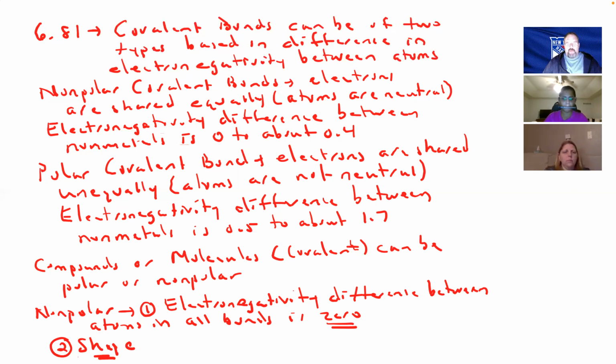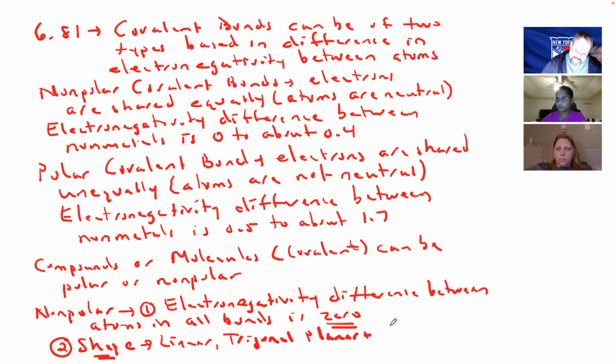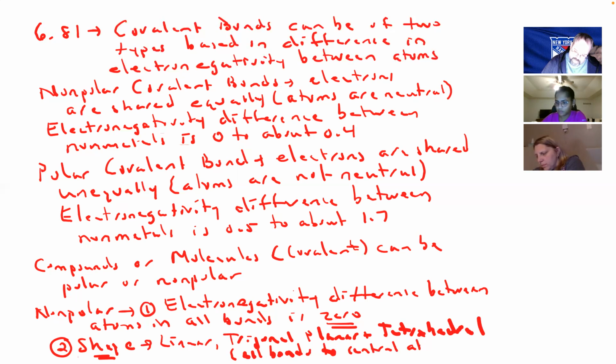The thing to remember is linear, trigonal planar, and tetrahedral. Those shapes, and the only caveat would be that all bonds to the central atom are the same.